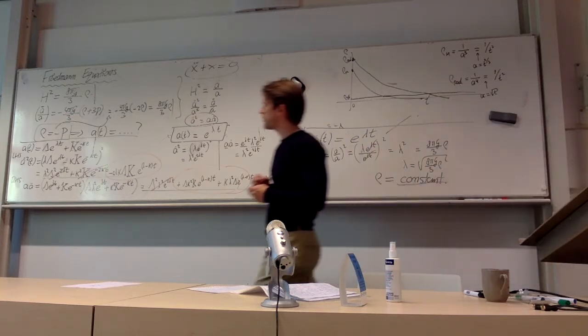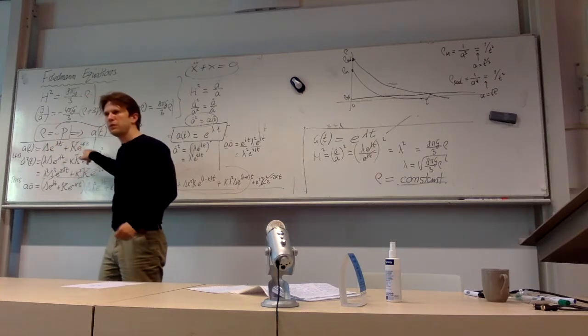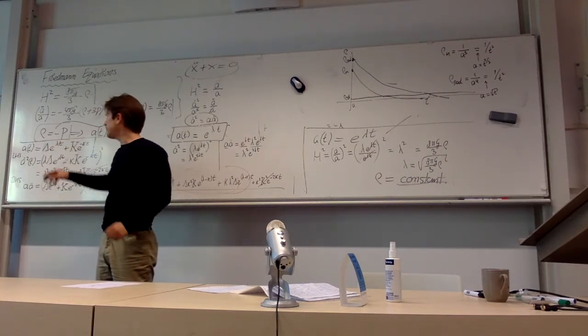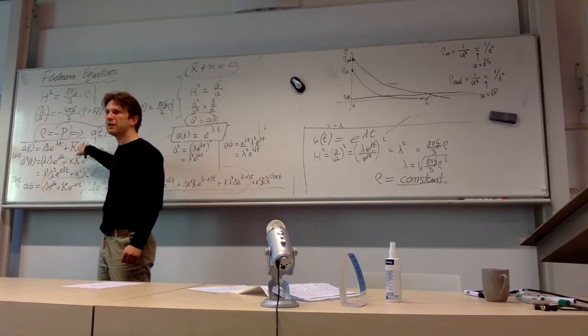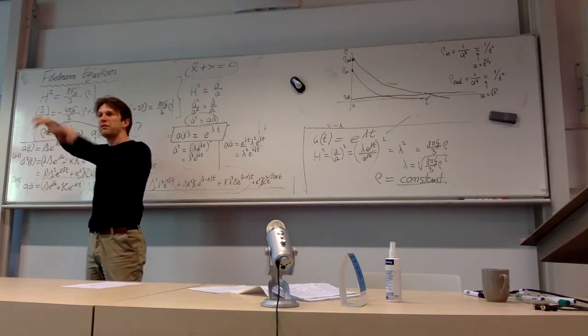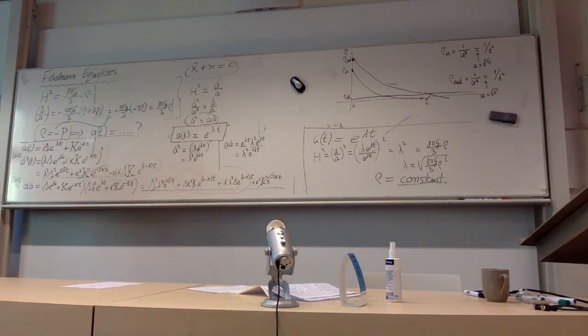Because we assumed you could write it as a sum of both. We assumed this one to be positive, and then we went through the calculation. We found that the only way this can in total be a solution is when kappa is minus lambda. But if lambda is positive, then you have the sum of two positive exponentials, so you have an expanding universe. Okay. This is where it came from.